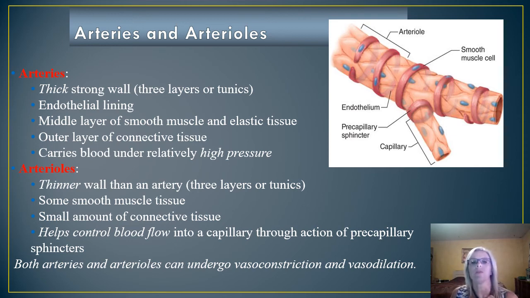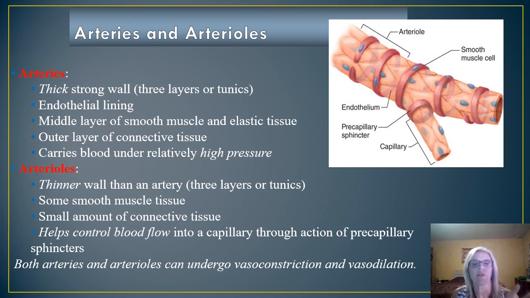And so this helps regulate blood flow. Both arteries and arterioles can undergo vasoconstriction, which means getting smaller, being constricted, and dilation, which means opening it up to allow an increase in flow. Changes in the diameter of arteries and arterioles greatly influence blood flow and blood pressure, all right?